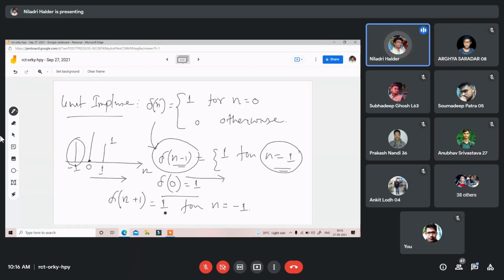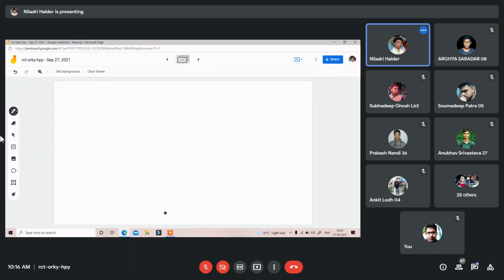And if we provide plus 1, it means you are providing a shift to the left side. That you need to keep in mind. Okay, so that is your impulse signal.